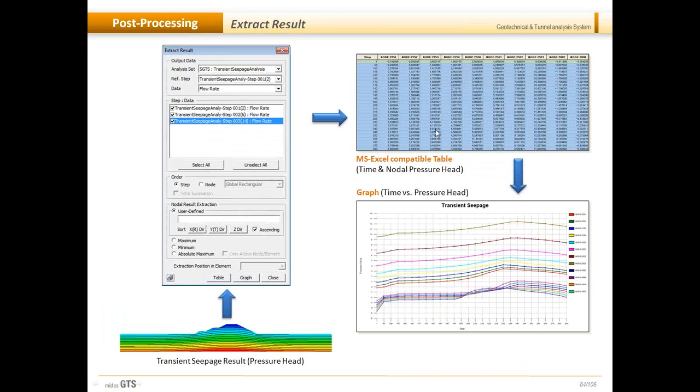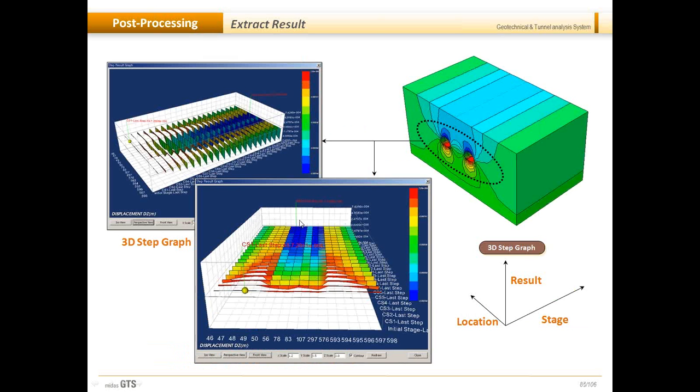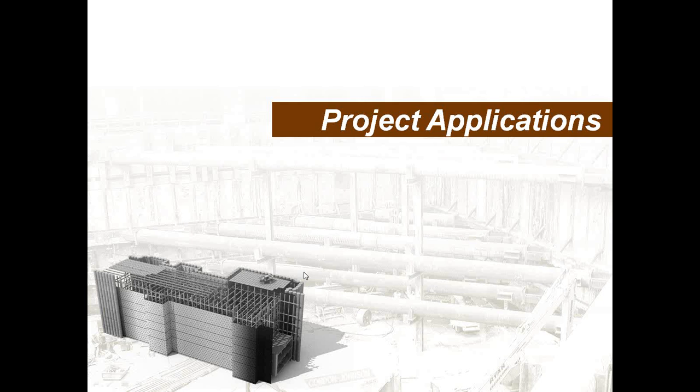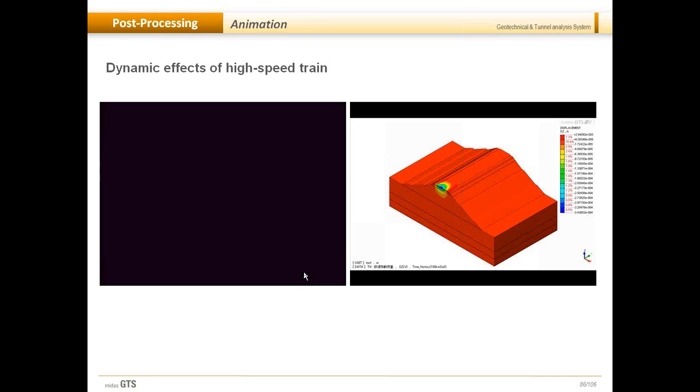And the extraction of results. Step by step, stage by stage, like that, you can extract the results and draw the graphs directly. And this is the 3D step graph for construction stage analysis.